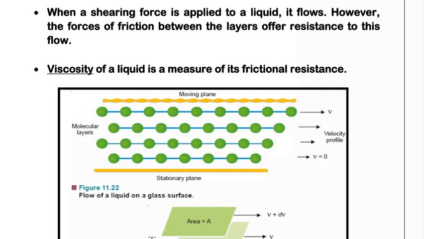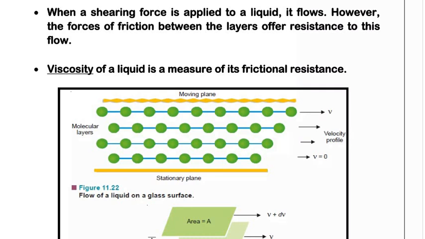However, the forces of friction between the layers, focus on the molecules, focus on the layers. Layer is the physical phenomenon, molecules coming from the chemistry. And this is the concept. The friction between the layers offers resistance.